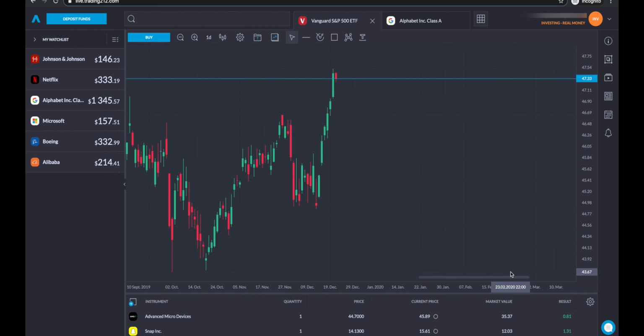Currently, we're around the $47 mark, so an increase of $10, which is a percentage increase of over 30%. So in the space of 2 years, this index has increased by 30%, and simply investing your money into the S&P 500 can be a really great way of investing passively.